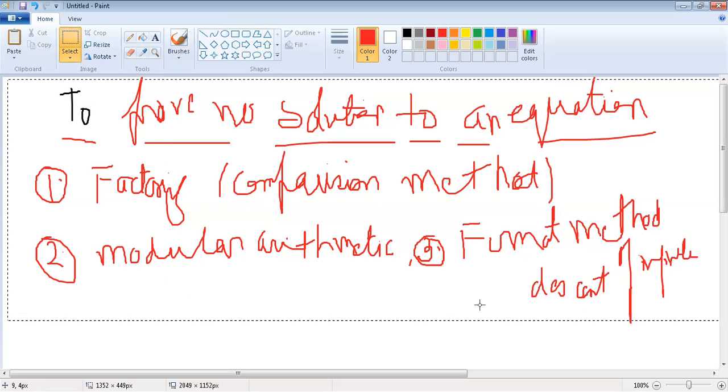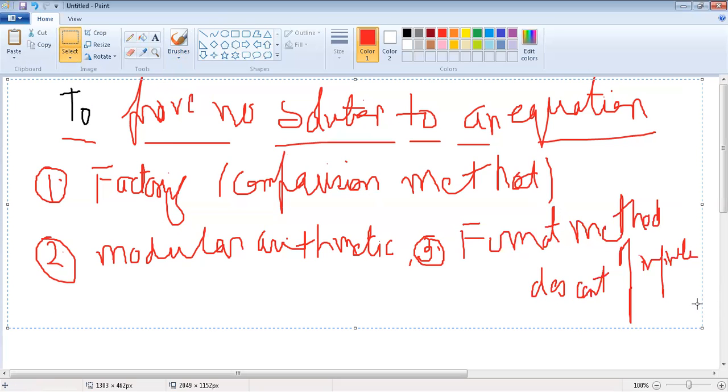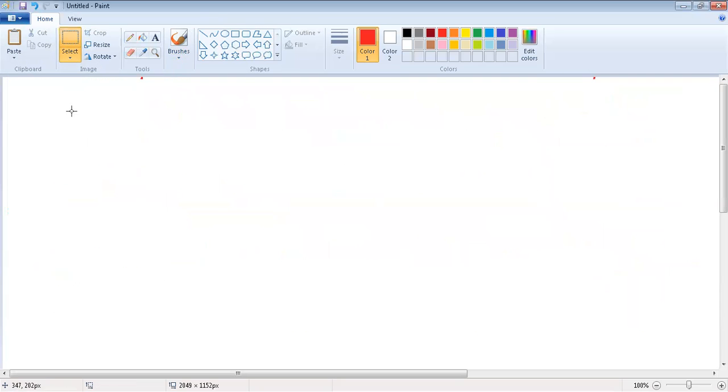So the first method is the factoring method. Let's learn it through an example. This is fairly a simple example, not from any Olympiad or any other stuff.